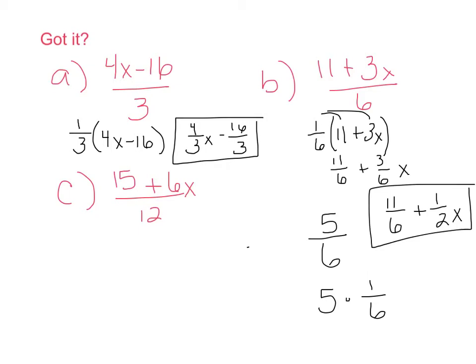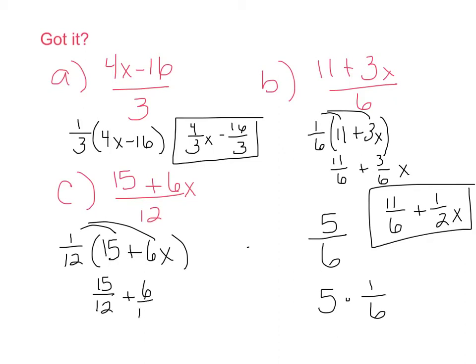Let's try the next one. Take out a 1/12. That gives us 15 plus 6x. Distribute the 1/12. That gives us 15/12 plus 6/12 x, or 6x over 12. Those can both be simplified, so let's think about it.